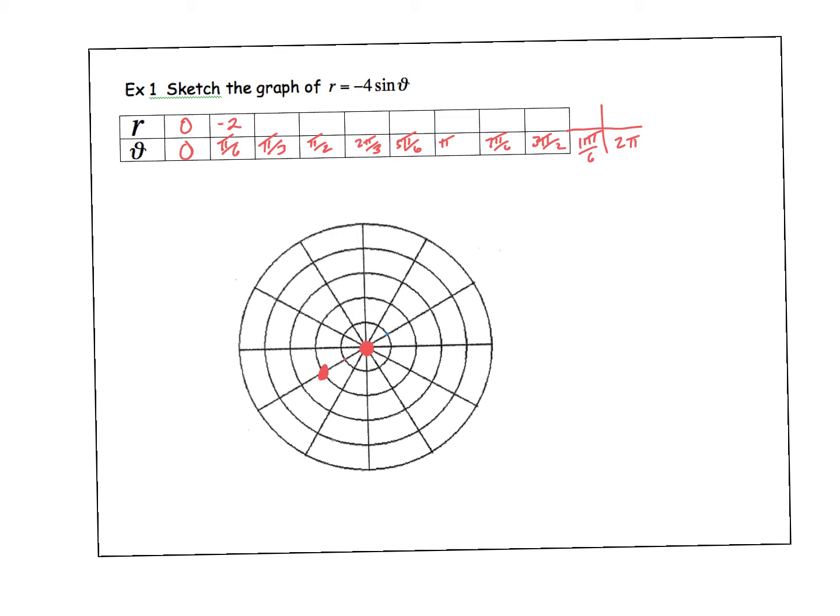Then pi over 3, that's going to be root 3 over 2 times negative 4, so that's going to be negative 2 root 3. So that's going to be in between 3 and 4. Again, the positive would be here. Because it's negative, we're coming down here.